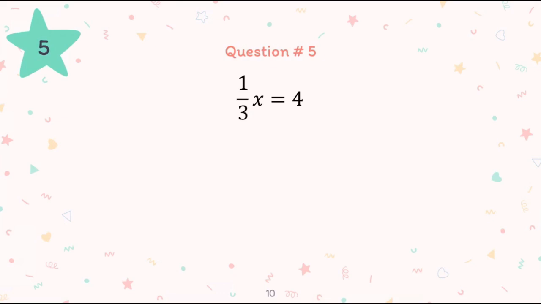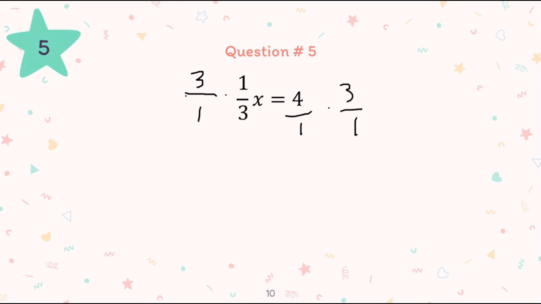So for this one, we're going to flip the fraction around and multiply it by that. So this would be 3 over 1 times 1 over 3, and what we do on this side, we do on the other side. So 4, and to make it easier, we're going to do 4 over 1, times 3 over 1.